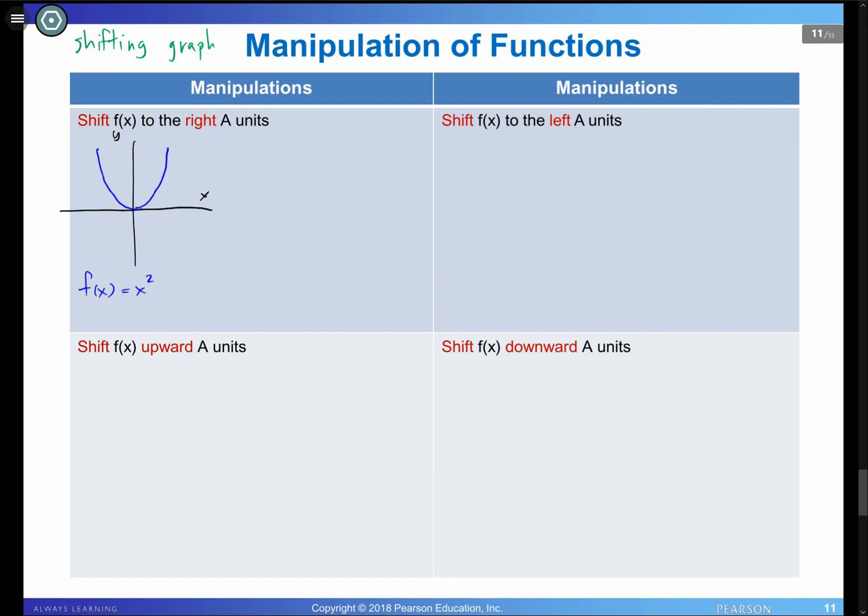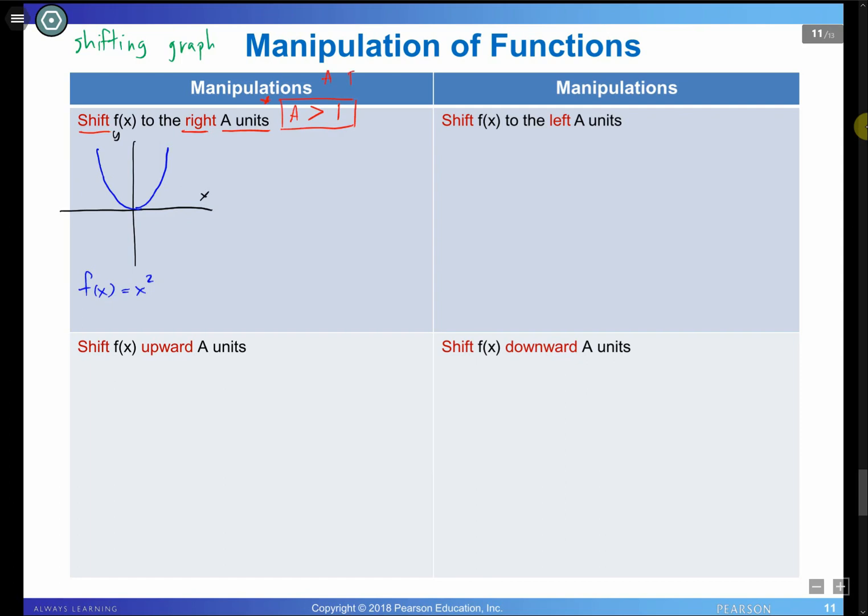But now we want to shift this f(x) a units to the right. So we want to do this, shift to the right a units. But before anything, I would like to say that a is positive and greater than 1. Keep this in mind.